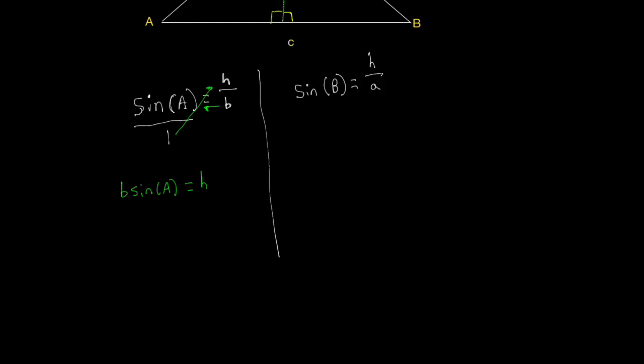We can do a similar thing on the second equation. This one, we can divide sine of B by 1, and we can apply cross multiplication.